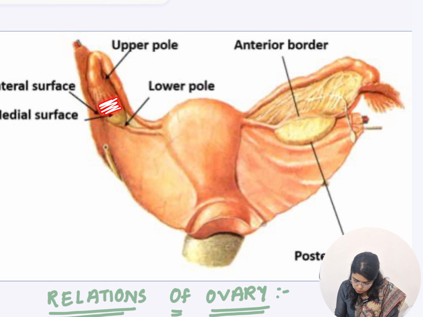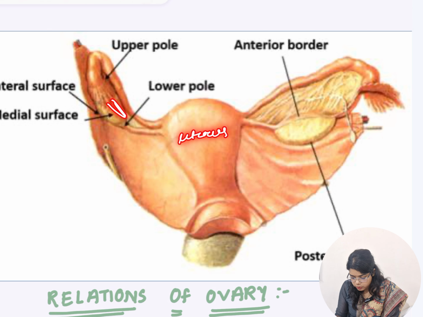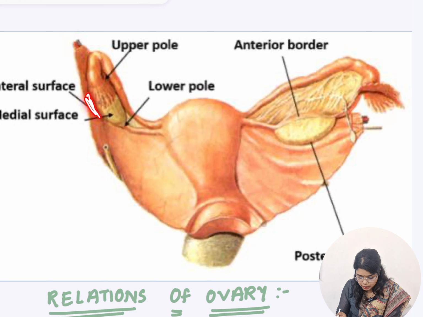See, this one is the surface that lies medial, towards the uterus. So this is the medial surface, and lateral to it is the lateral surface. Here is the fallopian tube that connects the ovary to the uterus.